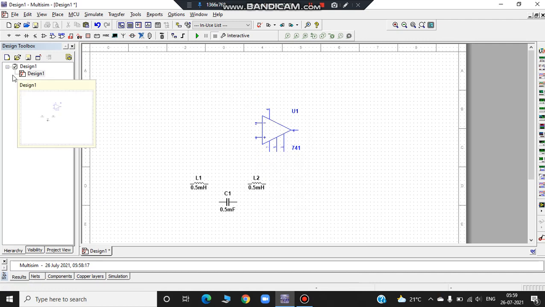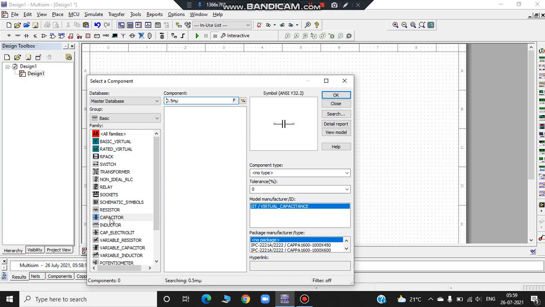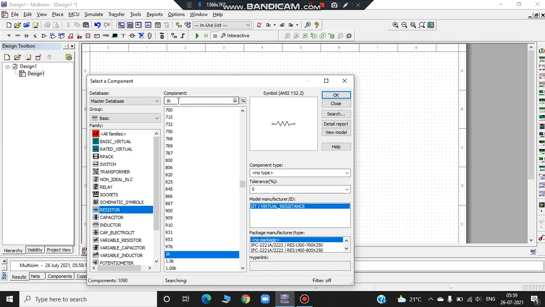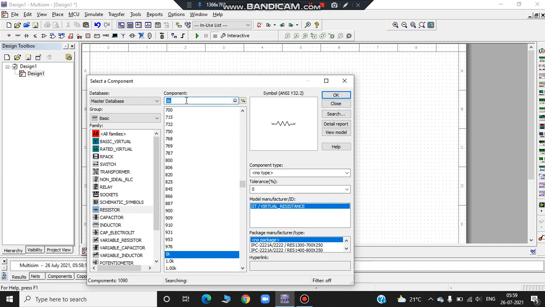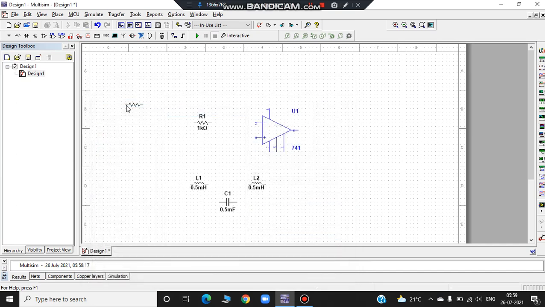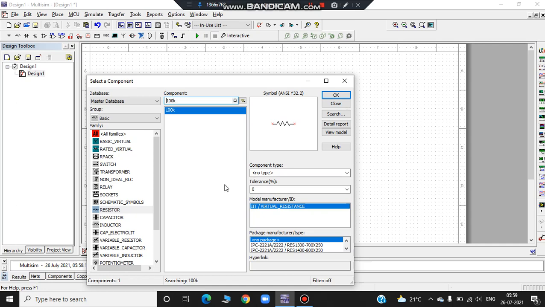And three resistors. One resistor of 1K, other resistor of 100K, and R compensation having 1K.